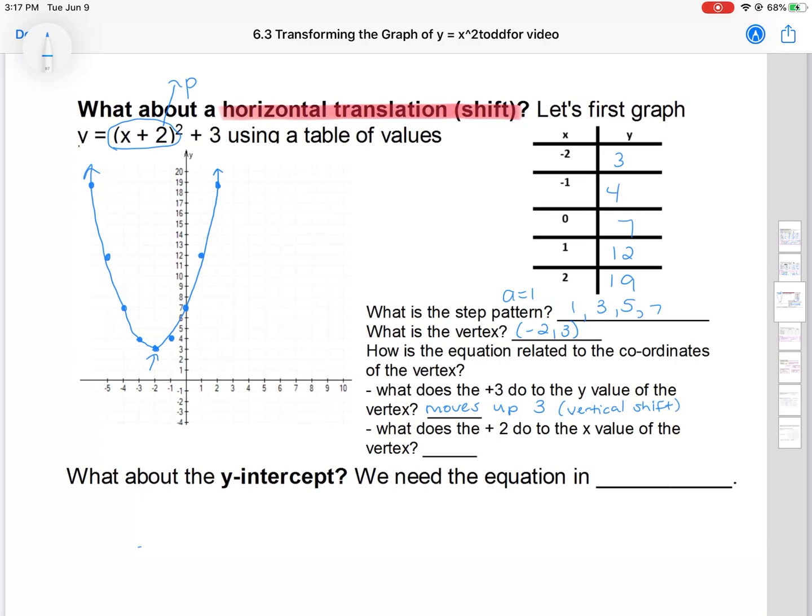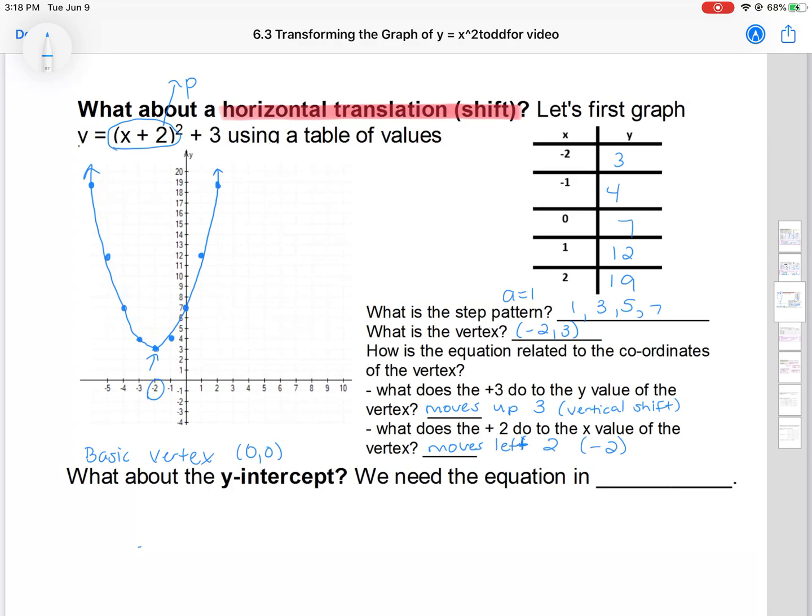And then what the +2 does to the x value of the vertex: our basic vertex is 0, 0, so you're moving to the negative 2 for the x value of the vertex. I'm going to put left 2, oops, or it goes to negative 2.